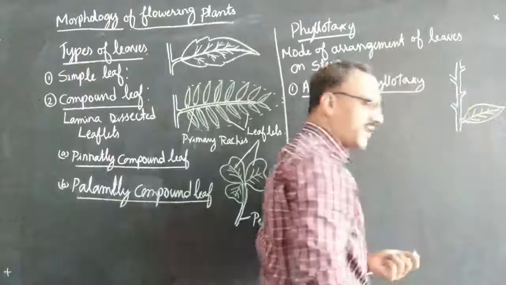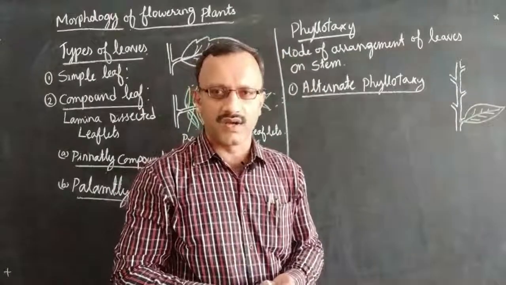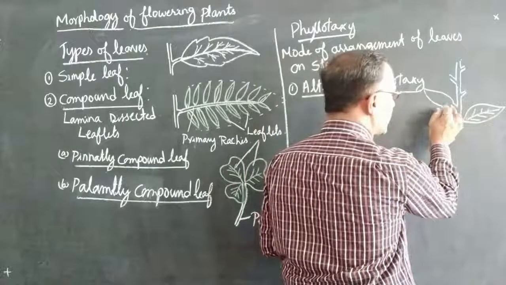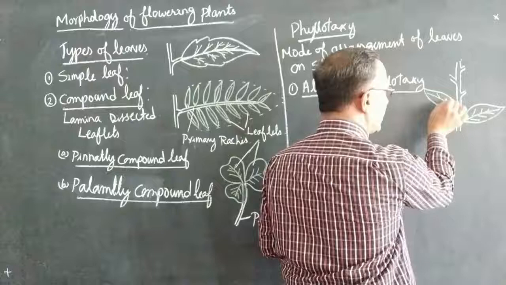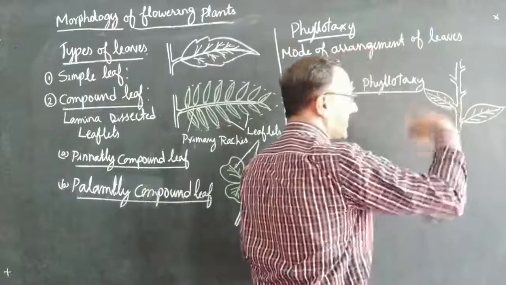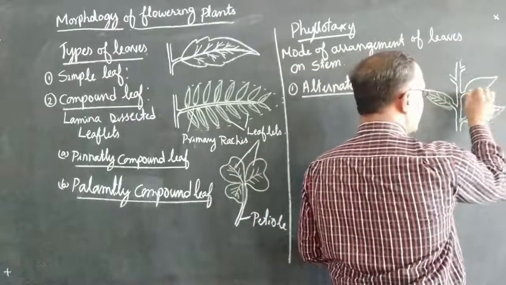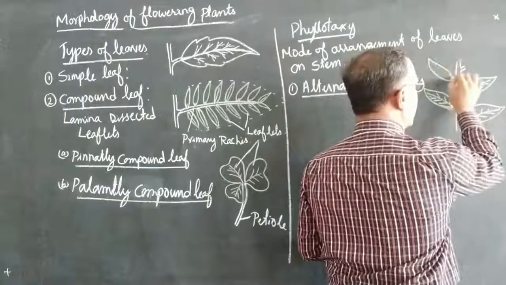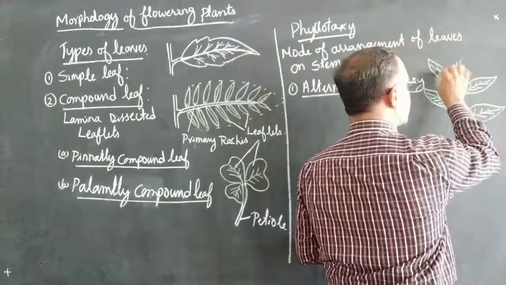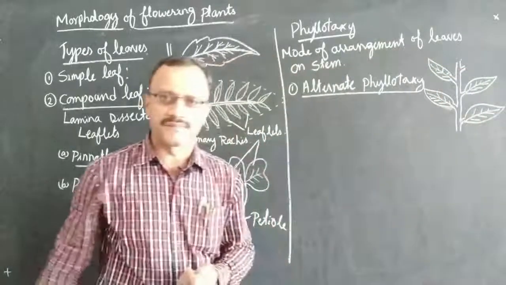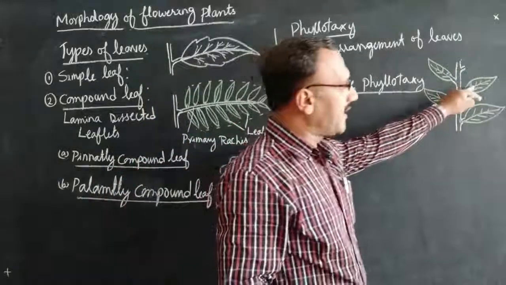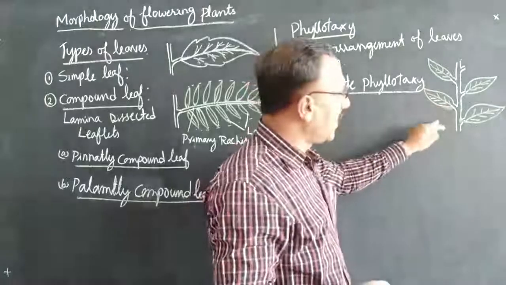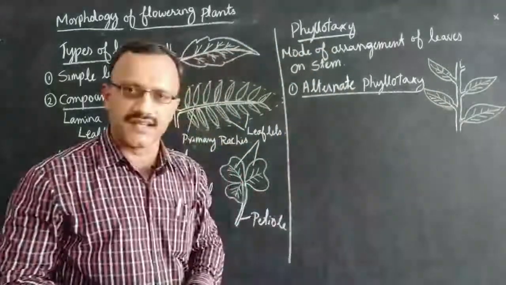One leaf is here at one node, only one leaf will be found at one node, and the other node bearing one more leaf but in an opposite direction to the previous leaf. Then the next node shows one more leaf which is alternating to the previous leaf. Like that, the leaves are arranged in a zigzag manner, alternate manner. So here these two leaves are parallel. In between there is one more leaf found in an opposite direction. It is called alternate Phyllotaxy.